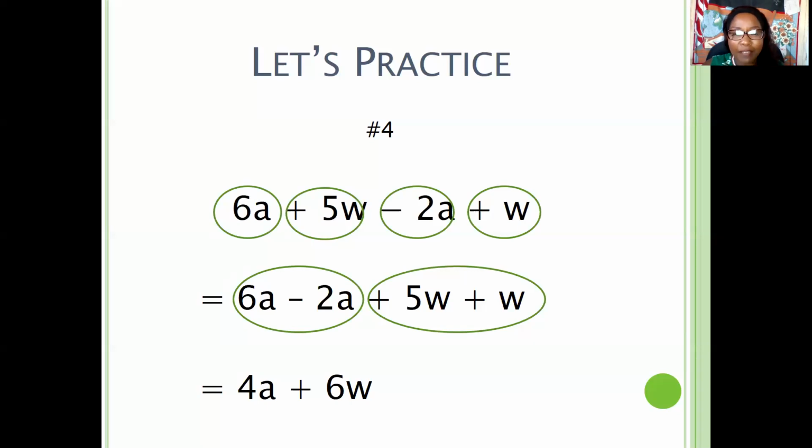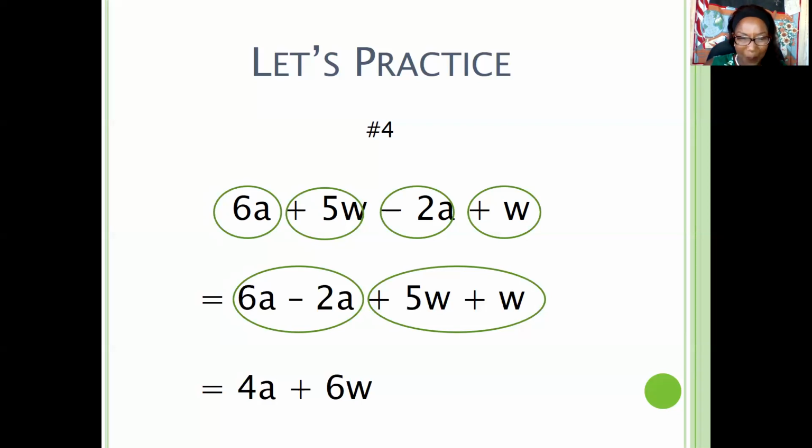So plus 5w plus w. If you did that, final step, we simplified. 6 apples, take away 2 apples, 4 apples, 5 watermelons plus 1 watermelon, 6 watermelons. Yes, I do love fruit.